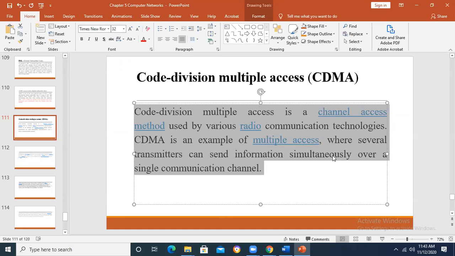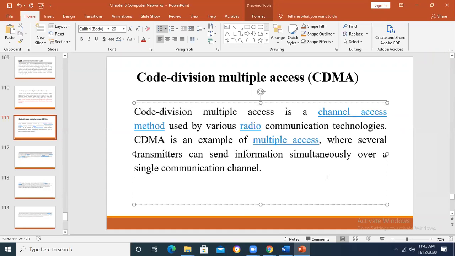This multiple access is very important over here. Code division multiple access is a channel access method used by various radio communication technologies. CDMA is an example of multiple access, where several transmitters can send information simultaneously over a single communication channel. This thing is very important. Multiple access over a single communication channel.